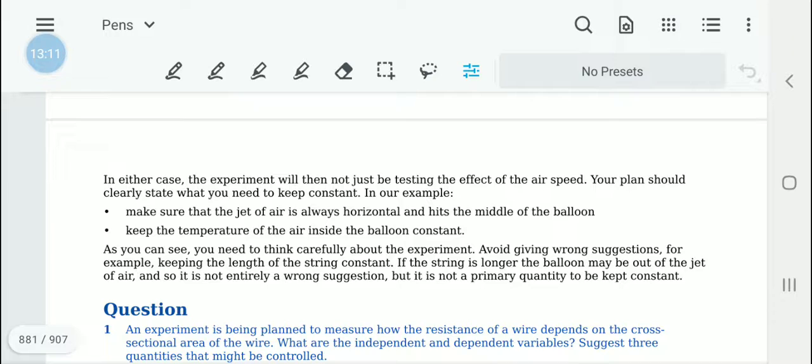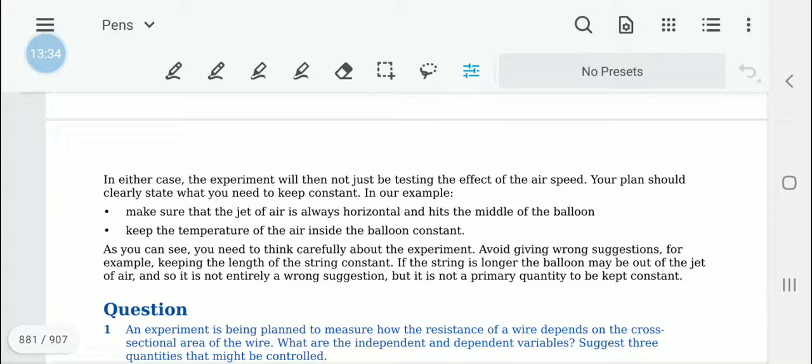So in the first one, to keep the effect of the jet of air constant, we have to make sure that the jet of air is always horizontal and hits the middle of the balloon. Then the temperature of the air inside the balloon should be maintained. So these things are very important.